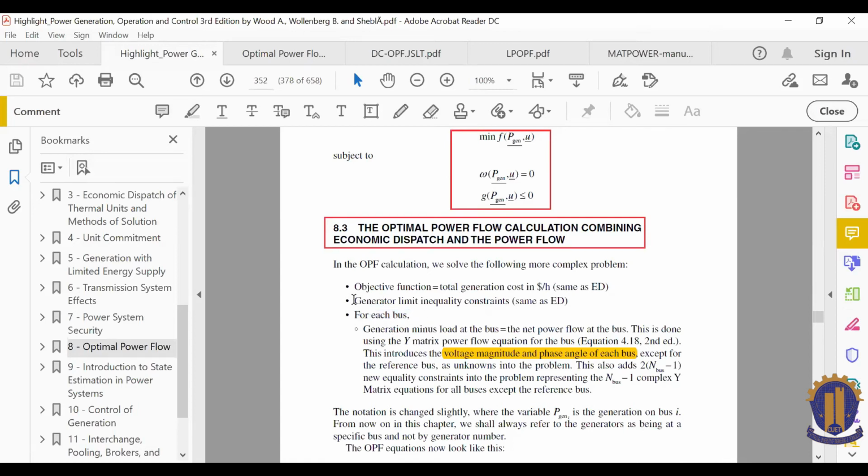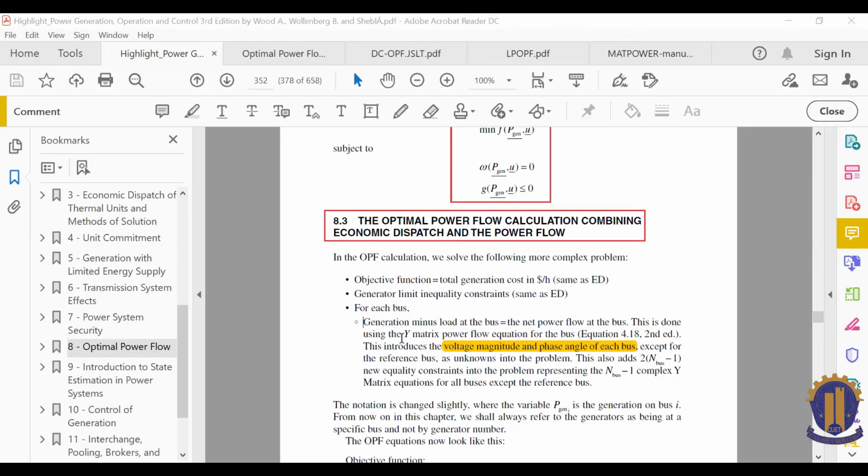The generation supply and demand constraint have to be met at each node of the network, like KCL. So generation minus load at the bus equals the net power flow at the bus.